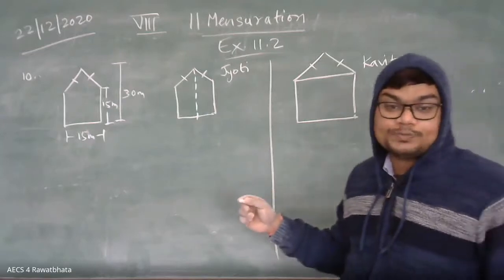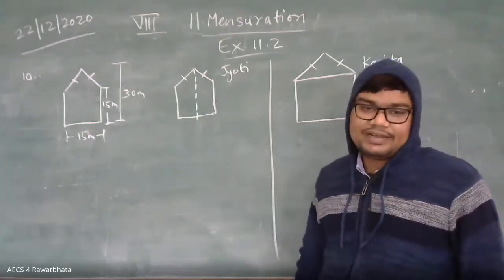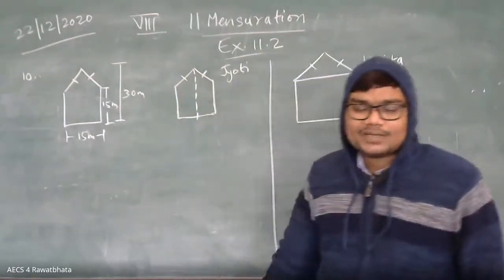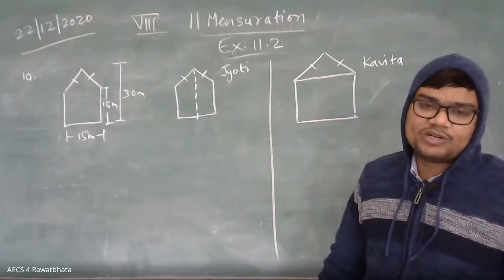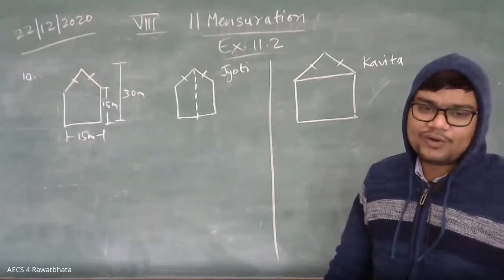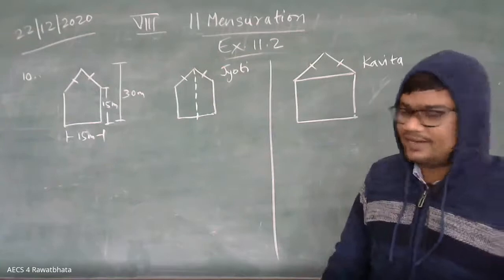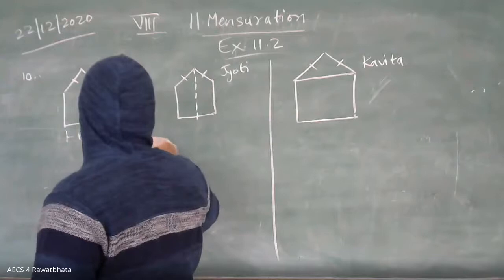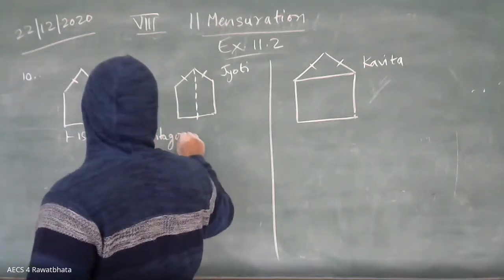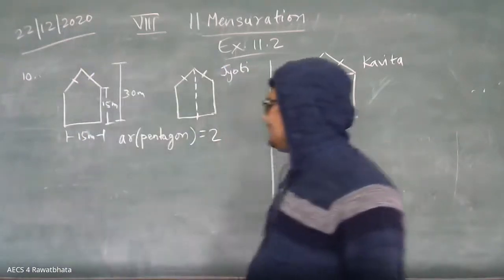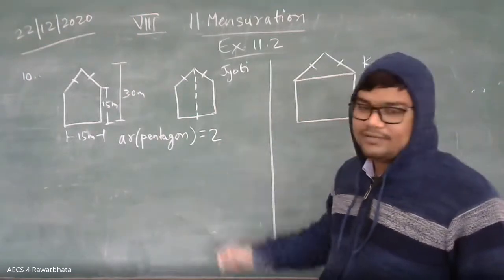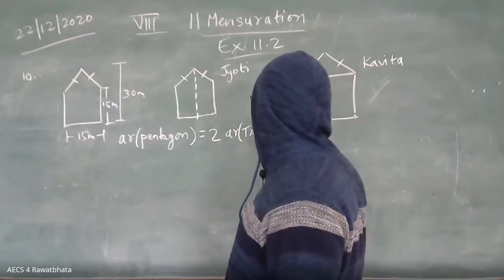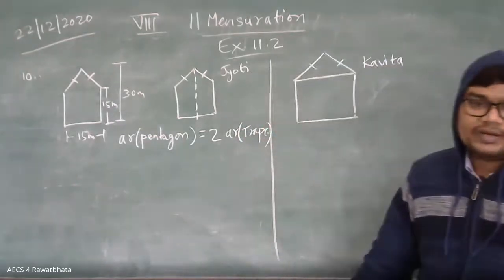When we divide it like this, we get two trapeziums. To find the area of the total figure, we add the areas of the two trapeziums. These two trapeziums are identical, therefore area of pentagon is 2 into area of trapezium.